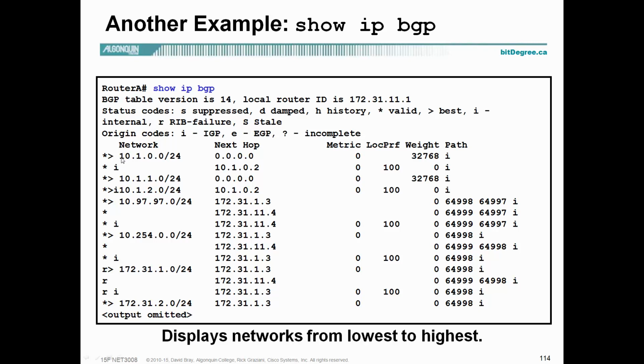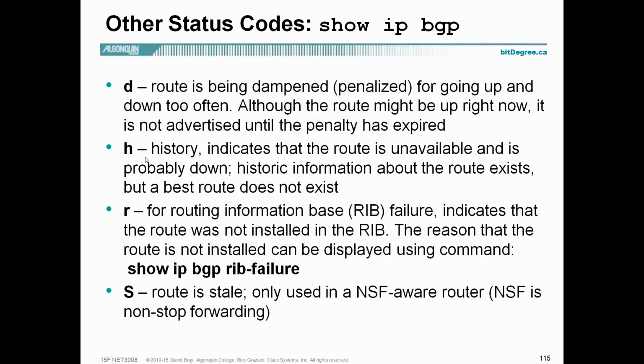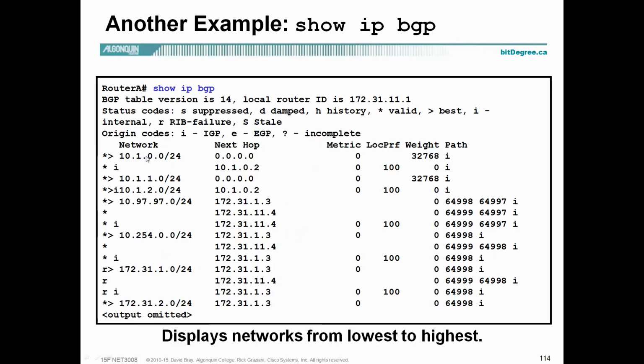So this first path, this is the best path. It's not out of our AS, for example, and you can see the AS path is just I. Whereas the second one is not the best path, so it hasn't been chosen. We'll talk about best path selection later.